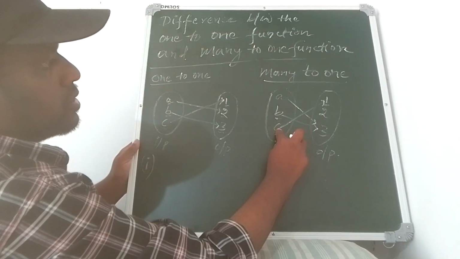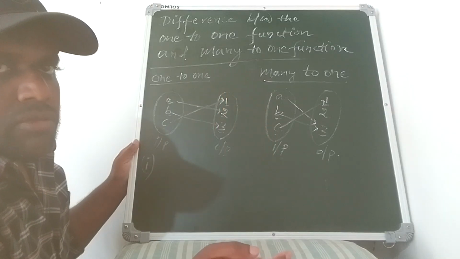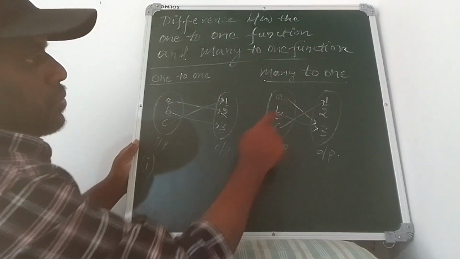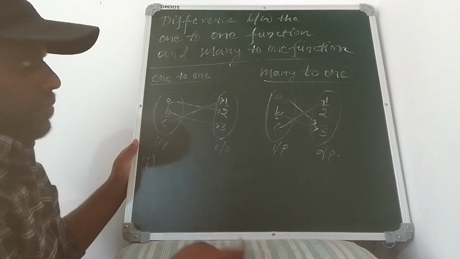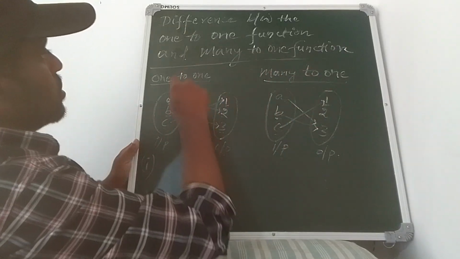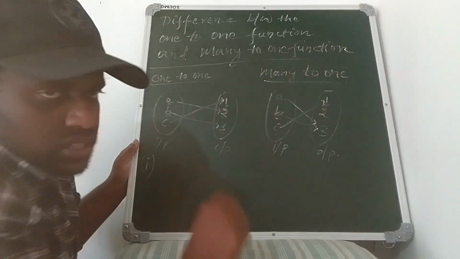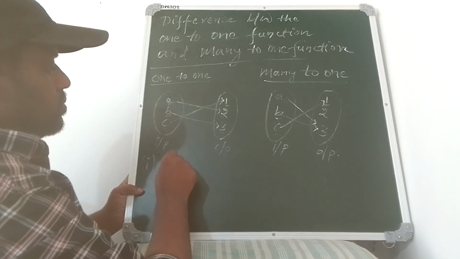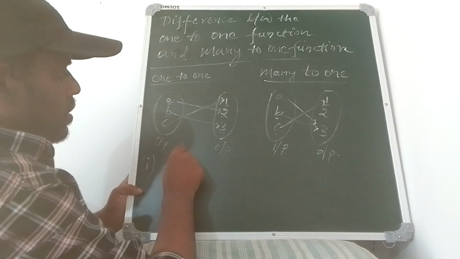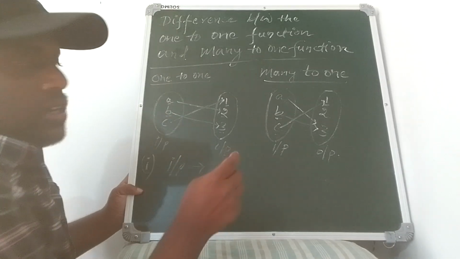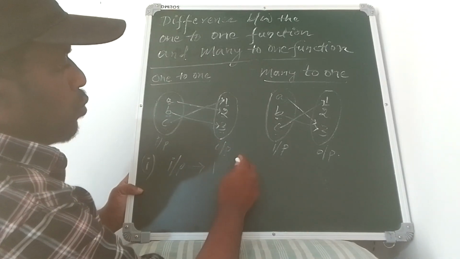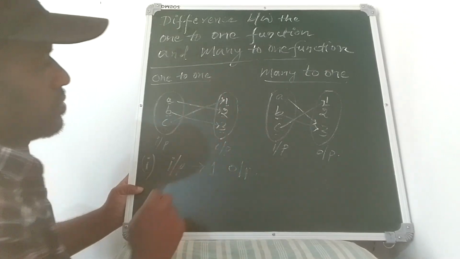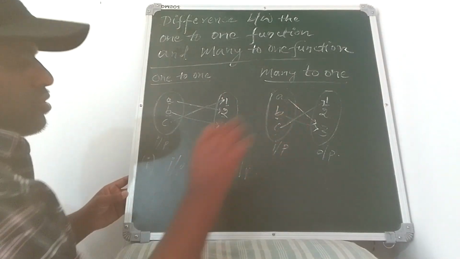Each and every input has exactly one output. So in both cases, one-to-one and many-to-one functions, each input has exactly one output. So this is the first point.